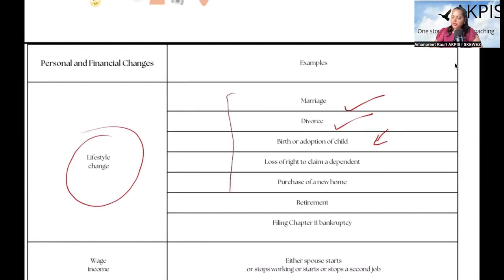And if you have retired, purchased a new home, or been declared bankrupt, in all these situations your computation of tax will be different, because the deductions and the limits change with every lifestyle change. Whether you are married, the situation is different, the limits are different, the deductions do vary.